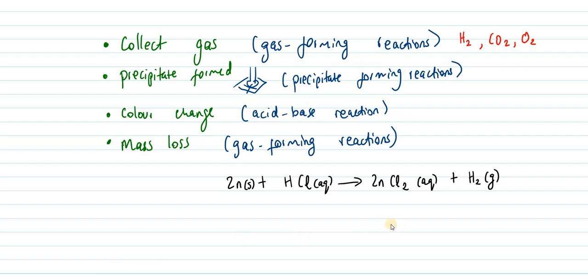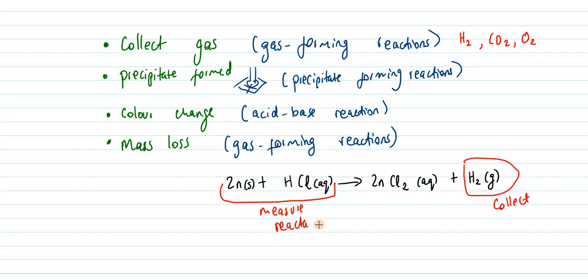So now that we have that, let's remember that if you decide to collect this gas, then you are here, whereby you're collecting the gas. But if you decide to measure the mass loss, to measure the reactants, then it means you are here on mass loss.